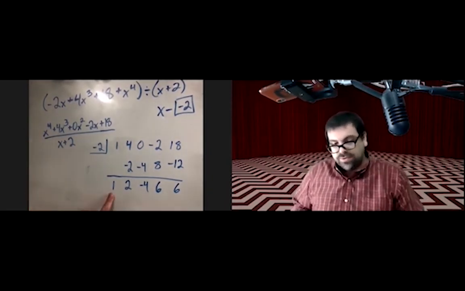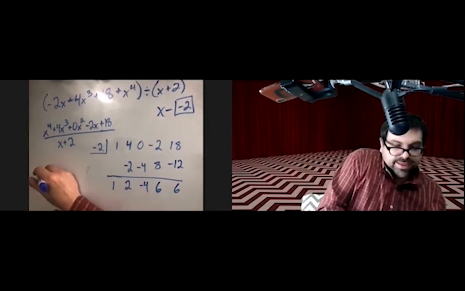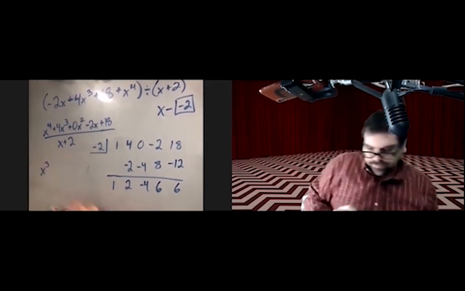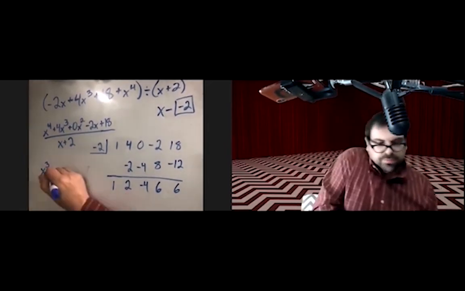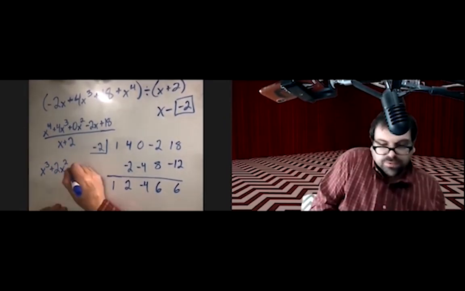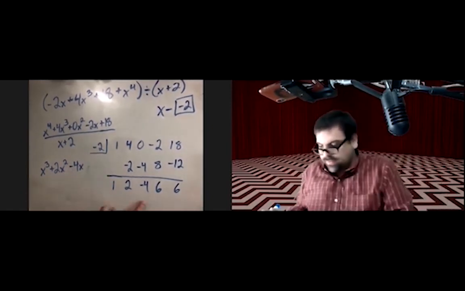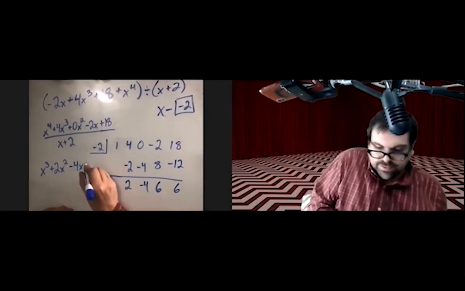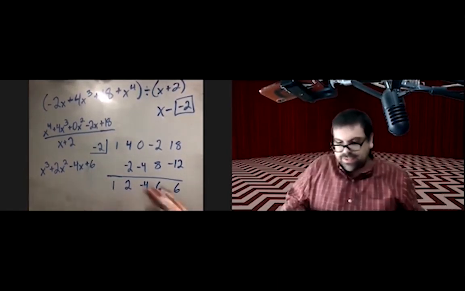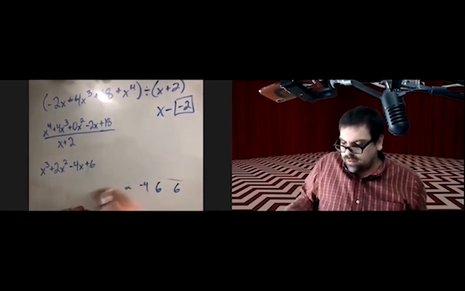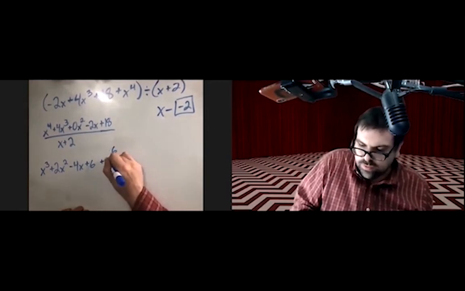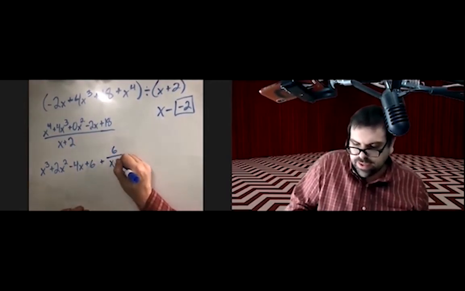We had x to the fourth, so we lower it to one single x cubed. Positive 2, so plus 2x squared. Minus 4, so minus 4x. Positive 6. Plus 6. And then our remainder would be a plus 6 over, we divided by x plus 2.